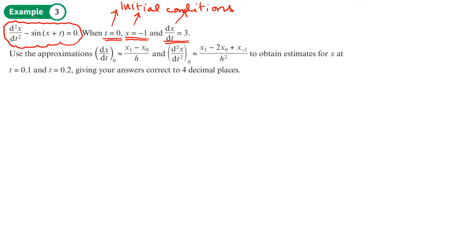We've been given what approximations to use to find dx dt and d squared x over dt squared. And we want to find estimates for x for t equals 0 and t equals 0.2, and we want to give our answer to 4 decimal places.